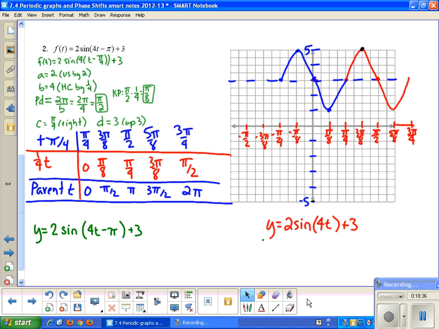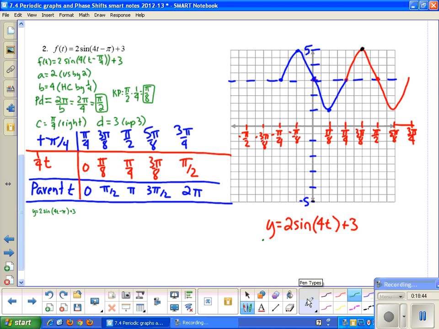I'm going to shrink that down so it fits. That goes there. And then I'm just plugging into my equation. So when we did our horizontal transformations, we did the opposite because when I plugged these numbers in, it's going to undo it. So 4 times pi over 4 is really pi, and pi minus pi is 0, so that's why it gives me my parent graph 0 here.